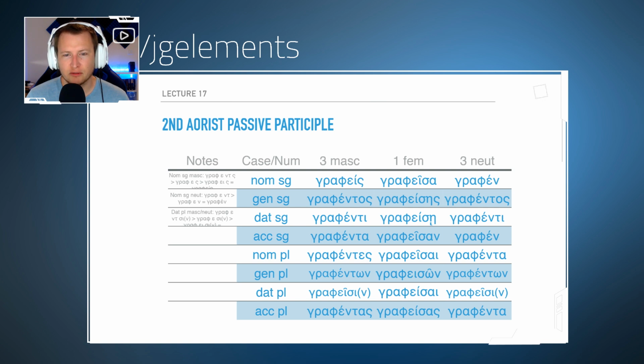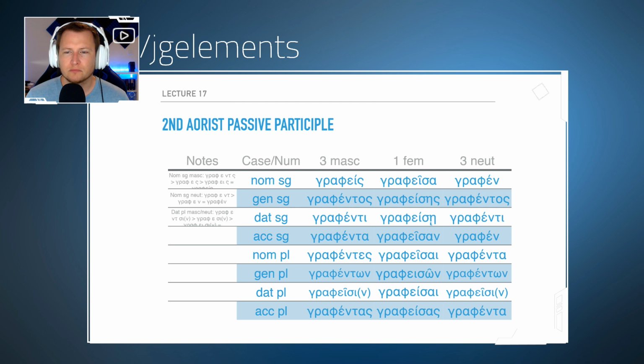And then you have your ending, graphis. Same is true in the dative plural, where the nu-tau drops out, and then you get an iota to compensate, and you're left with graphisin. Everything else has the nu-tau: graphentos, graphenti, graphenta, graphentes, graphenton, graphentas. Same rules apply in the neuter, so that doesn't change.